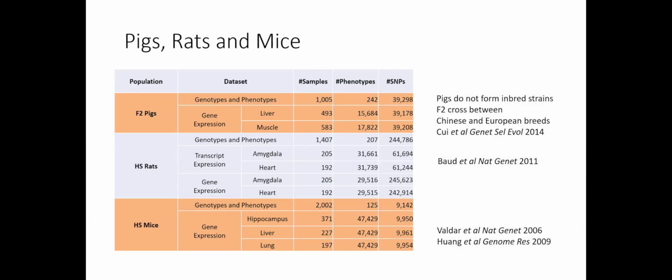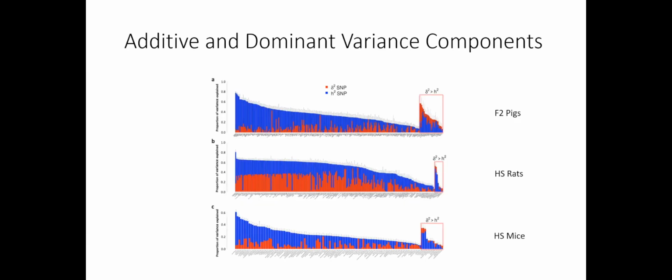We have hundreds of phenotypes, and we have several hundred animals measured for gene expression as well in various tissues. So we can estimate the additive and dominant variance components for heritability in the three stocks. These are SNP-based heritability estimates, just using those genetic relationship matrices that we used in the linear mixed model.